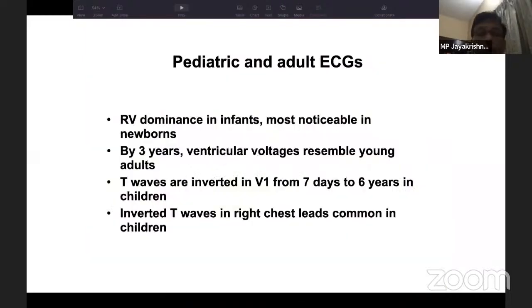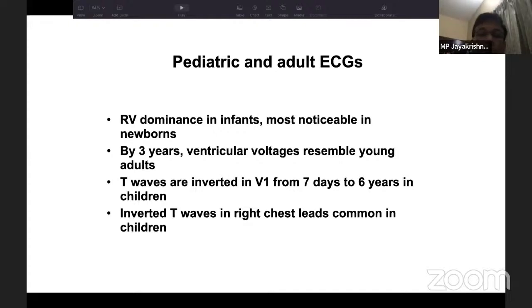And there are certain important differences between pediatric and adult ECGs. As you all know, the right ventricle is the dominant ventricle in infants. The right ventricle has to do a lot of work early on because the pressure inside the lung is very high, and that has to come down as the infant grows up.